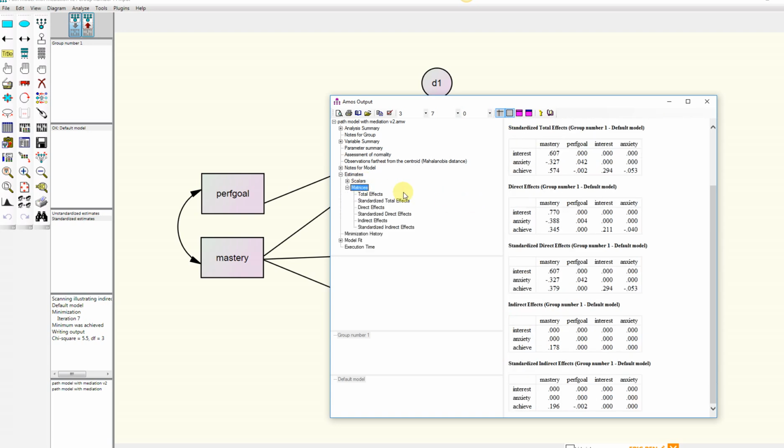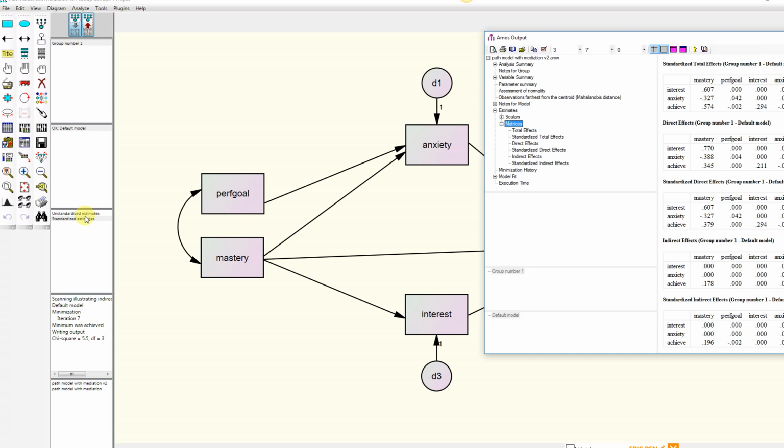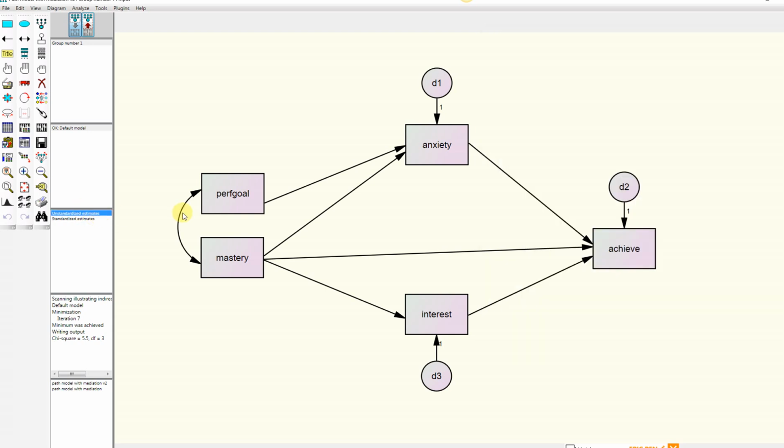I got my different effects that I was just telling you about. So basically, as we're looking at the indirect effects, again, here are the unstandardized values in this particular figure right here.